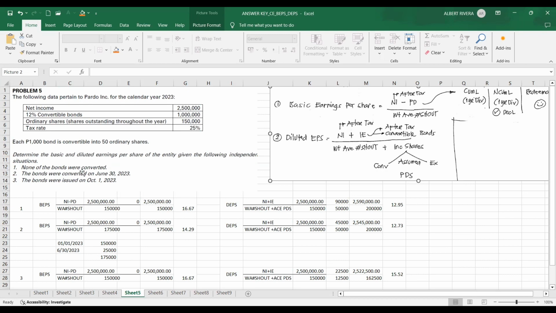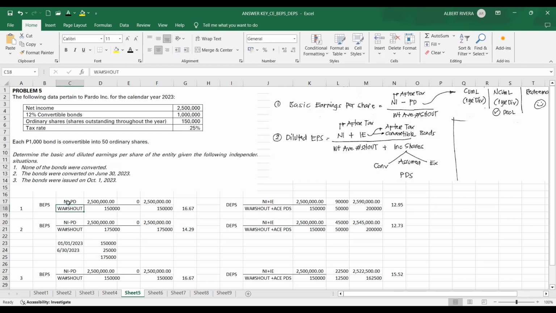Okay? So, starting point is to compute first for the basic earnings per share. And that is net income minus preferred dividends divided by the weighted average number of shares outstanding. Okay? The net income is provided. This is 2.5 million pesos. However, there is no preference shares.